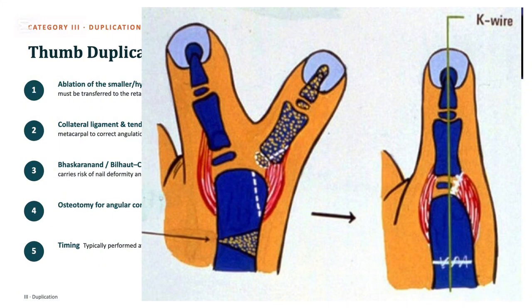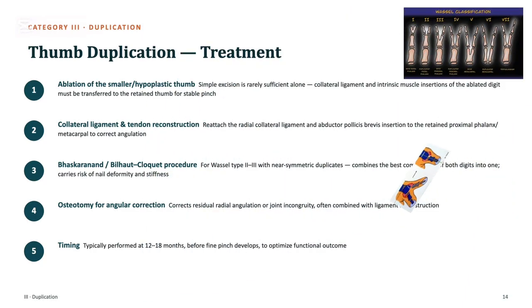He gets the best parts of the 2 fingers, and sometimes he does a wedge osteotomy to correct the proximal part, or the metacarpal. The timing: it's performed typically between 12 and 18 months, maybe later also.